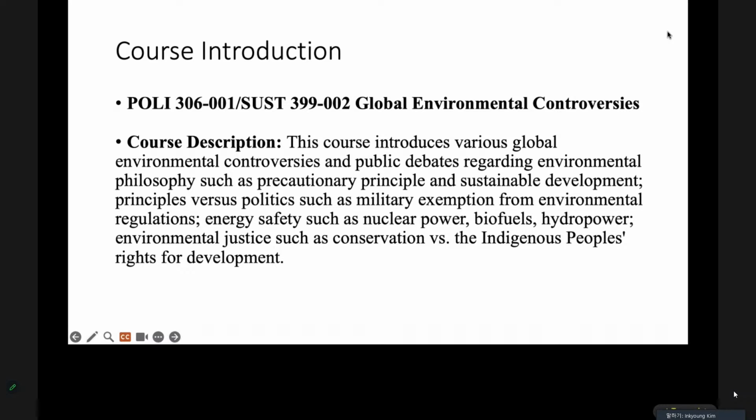This course tries to introduce students to various global environmental controversies and public debates regarding environmental philosophy, such as the precautionary principle and sustainable development; principles versus politics, such as military exemption from environmental regulations; and energy safety, such as nuclear power, biofuels, hydropower. Is nuclear power really clean? And is hydropower really sustainable? Those kinds of questions.